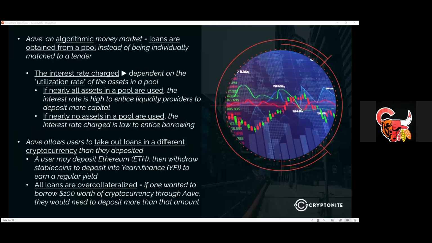Now, what's cool about the whole Aave thing is it's using algorithmic money markets. Basically, the loans are obtained from a pool. So instead of you lending or borrowing from an individual, you are borrowing from a pool. So let's say you have 100 people who want to lend their, let's say, Ethereums. So those 100 people put all that money in a pool.